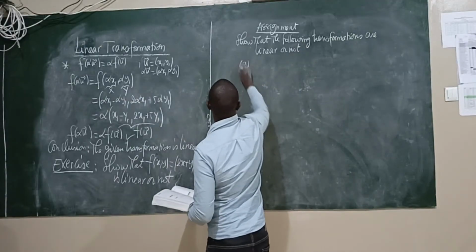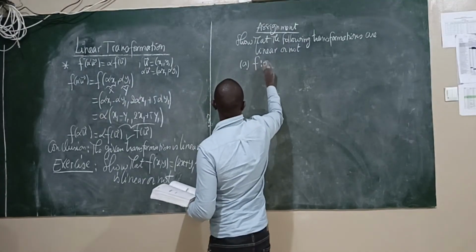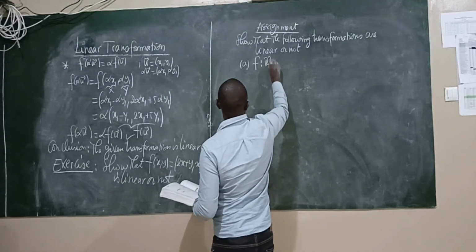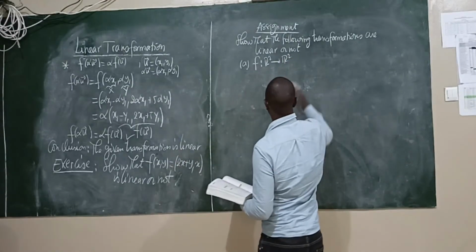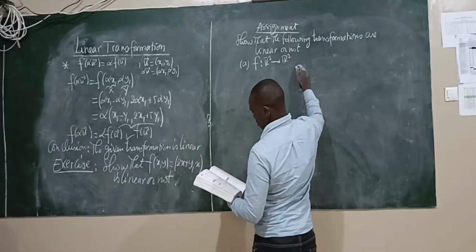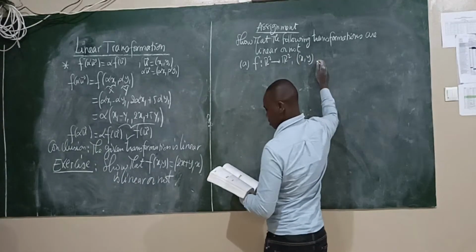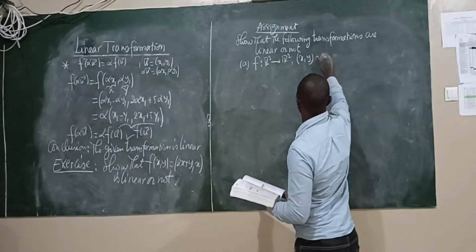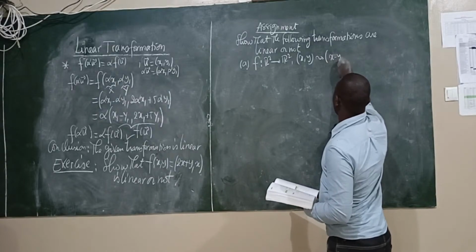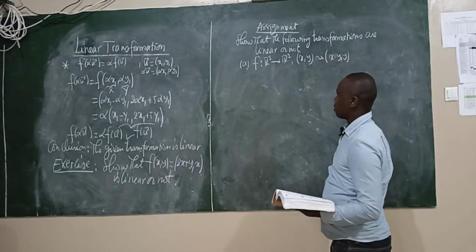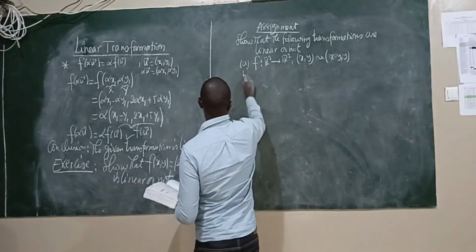Here we have one: F is a linear mapping that maps L2 to L2 as x, y goes to x minus y, comma, y. That is transformation one.